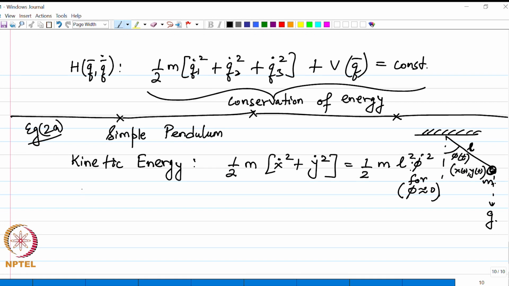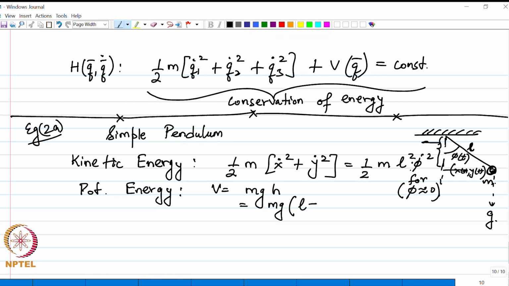Okay. So, then my potential energy of the problem becomes V is equal to mgh. Notice that h will be the total quantity, which is L, minus this quantity, which is L cos phi.